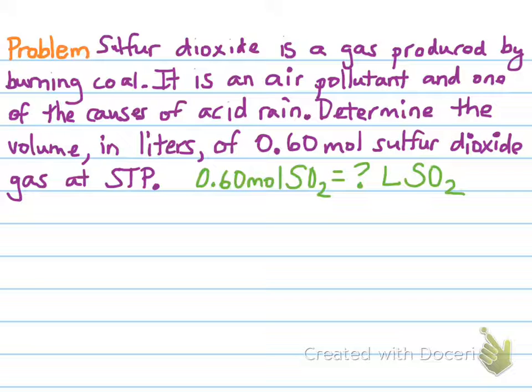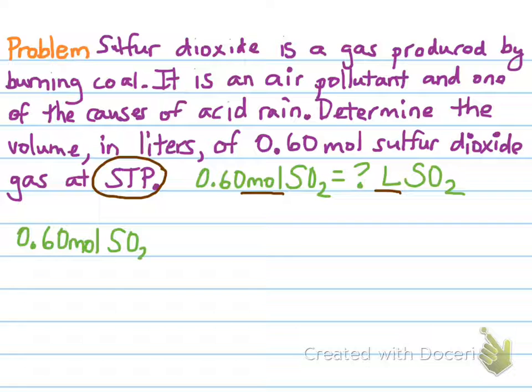So again, the first question here is, do I have a tool on my toolkit that has moles and liters in it? I do, right? It's molar volume. To use molar volume, I have to be at STP, which I am. So I'm going to be able to use that tool. So again, I start every problem the way I do every problem. I start with my given, which is the 0.60 moles of SO2.